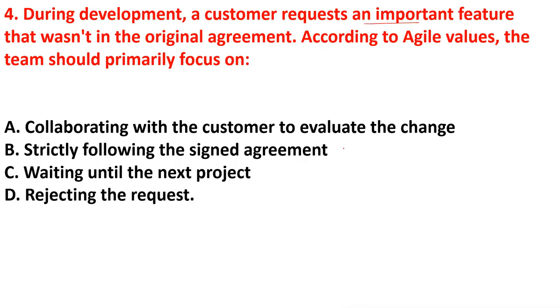Strictly following the signed contract, no, no, no, we can change the contract. Waiting until the next project, no. Rejecting the request, no. Whenever the request comes, you have to evaluate whether the request will add value. If yes, then we can change. So the first one is the correct answer. And again, I highly recommend, in the actual PMP exam, you have to read the question very slowly and carefully.